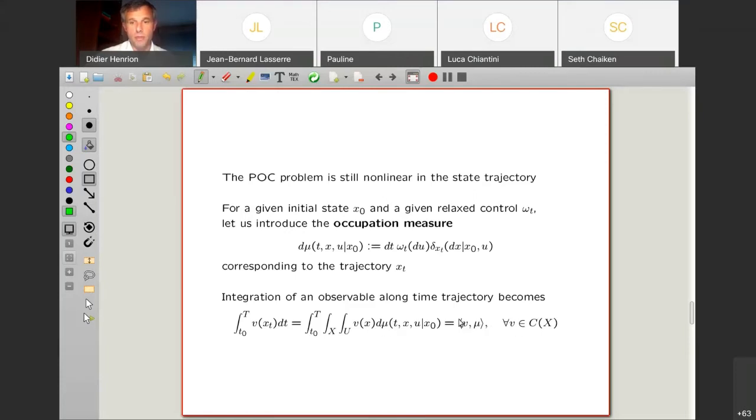So this is my notation, the duality notation of 2 weeks ago. So as soon as I have an integration with respect to time, I replace it by a space integration on the support of mu.